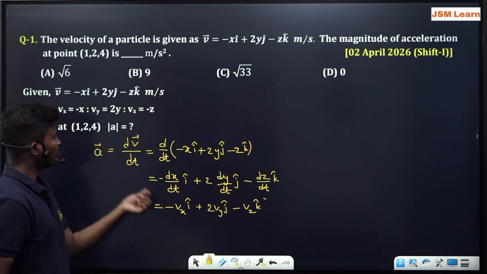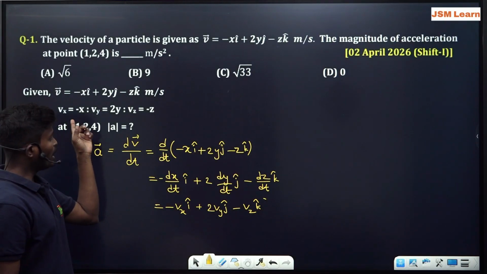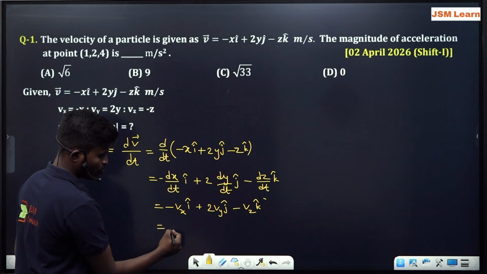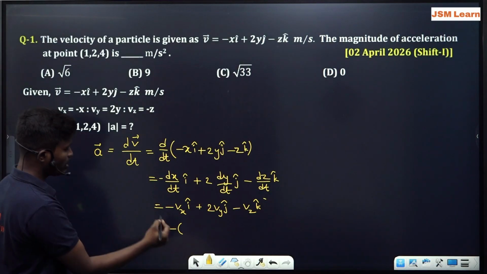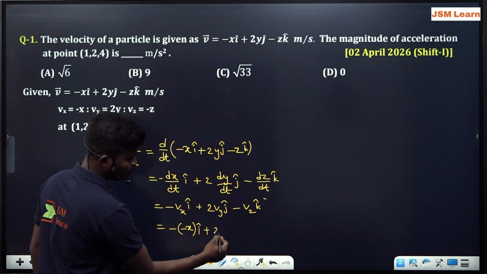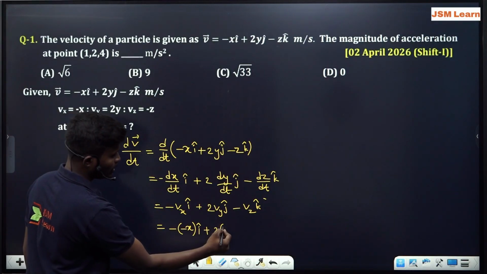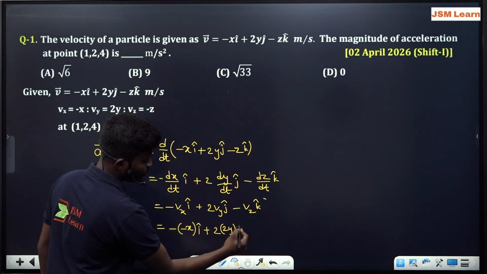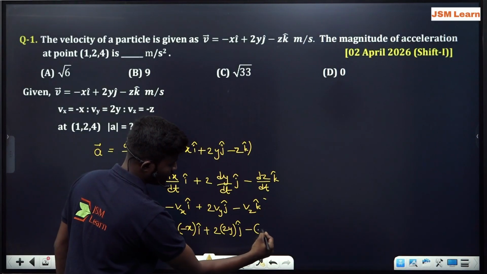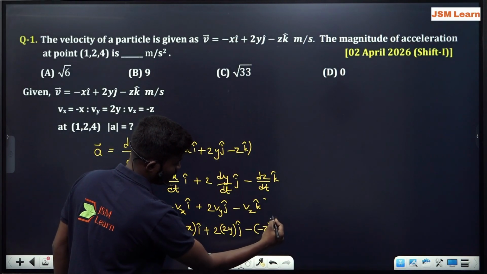After that we have to substitute the values of x, y, z velocities in these directions. So minus of vx value, which is -x, i cap, plus 2 into vy value, which is 2y, into j cap, minus vz value, which is -z, so -z into k cap.